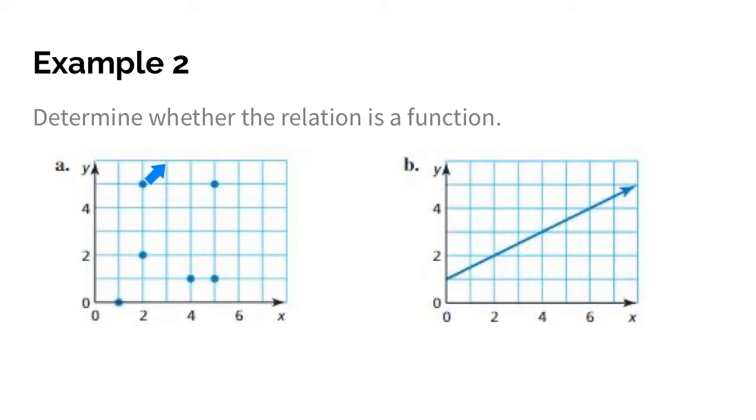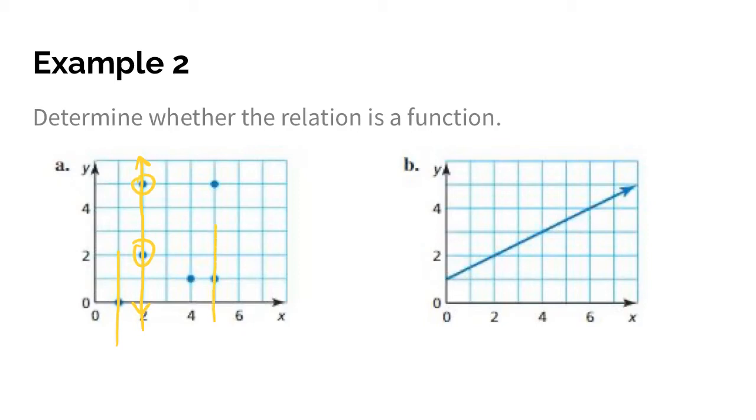So again, this is called a discrete graph because we have discrete points drawn here. So what I want to do is draw a vertical line through any set of inputs. So for example, if I draw a vertical line through that first point, notice it hits only once. But if I were to choose the input of 2, notice that it hits not once, but twice.